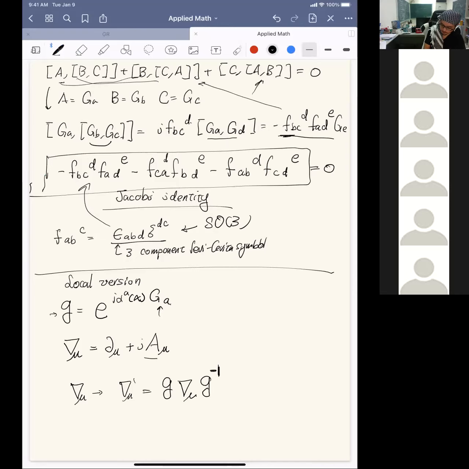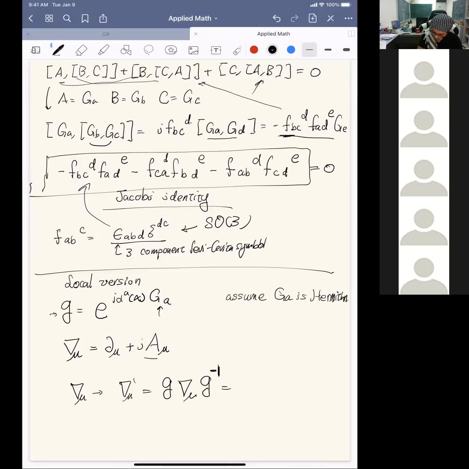So let's assume that G_A is Hermitian, that our symmetry group has generators that are Hermitian matrices.